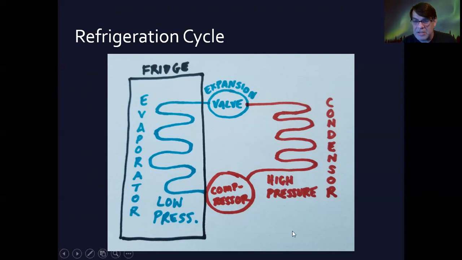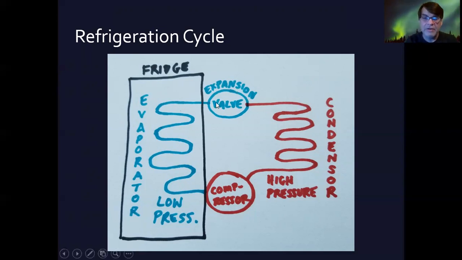This is called a condenser. And this is on the outside of the fridge or on the outside of the house if it's an air conditioner, right? And so you have this heat that's being given off. And then when it comes back in, you have an expansion valve. What happens when the volume goes up? When the volume goes up, the pressure goes down and the temperature goes down.